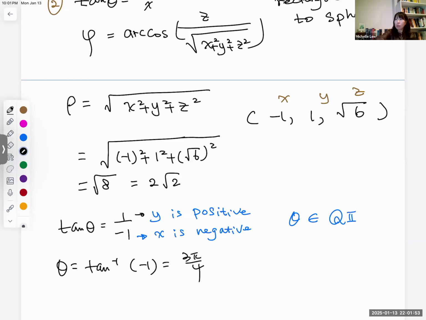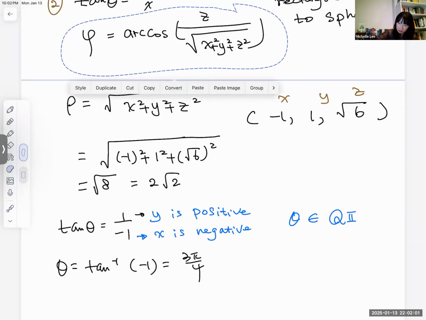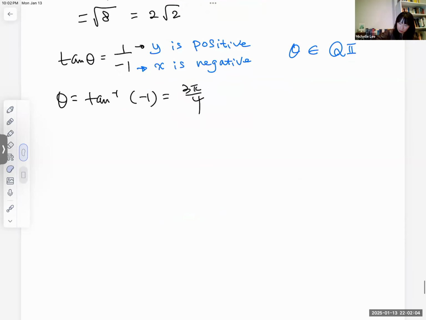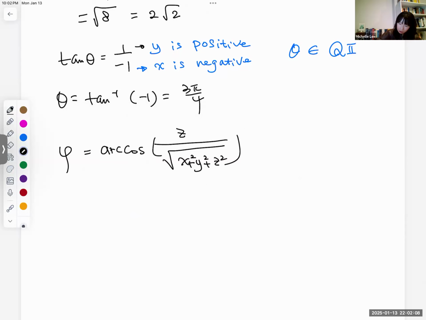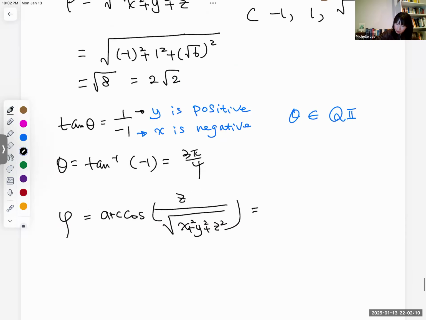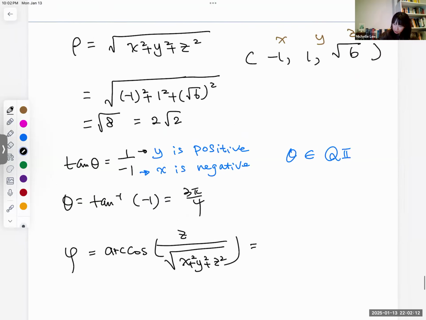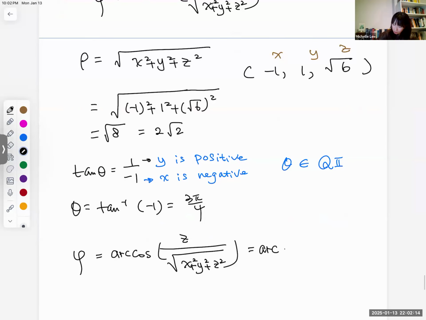Now the phi. I need this one. We have phi equals arc cosine of z over rho, which is the square root of 6 over the square root of 8.